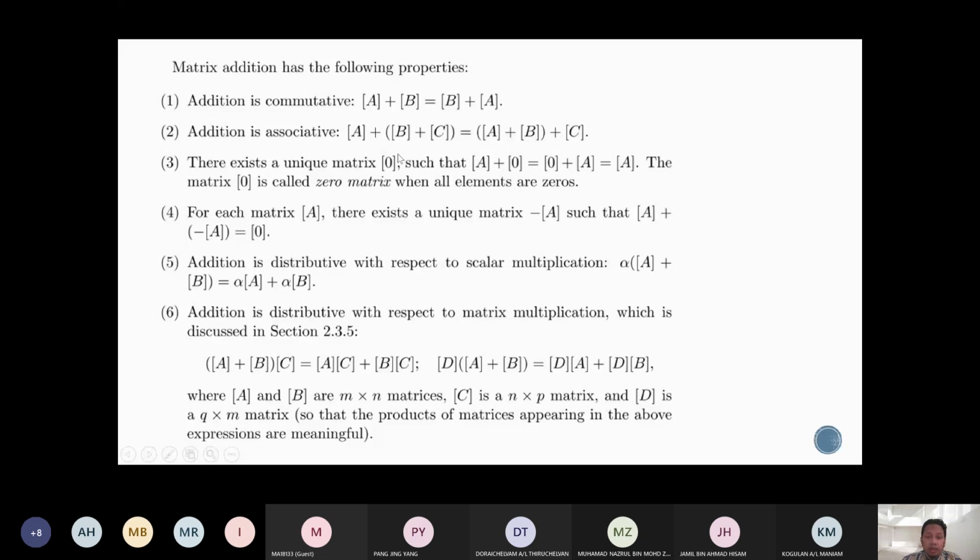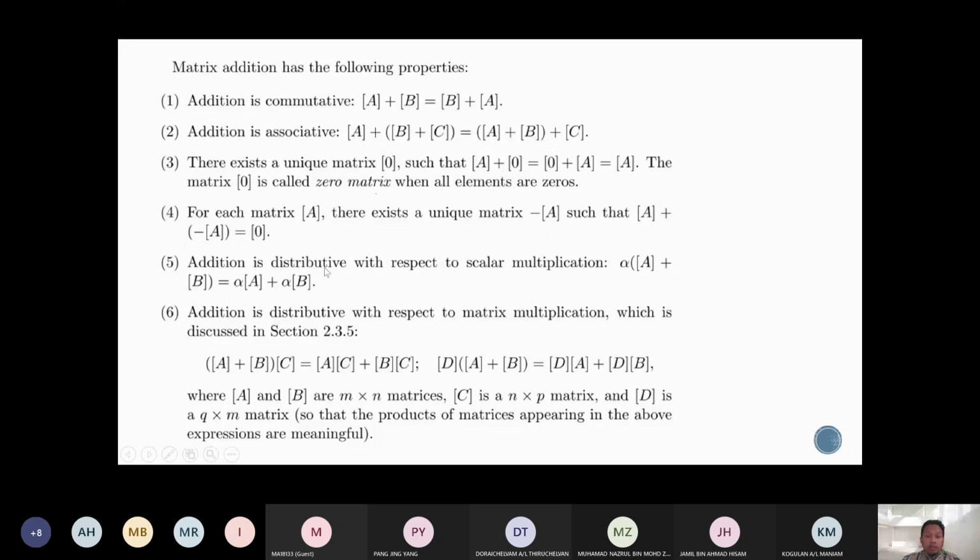We have a zero matrix such that if you add A plus 0, you get the same matrix A. The zero matrix has all elements equal to 0. A also has a unique matrix minus A, such that A minus A gives 0.